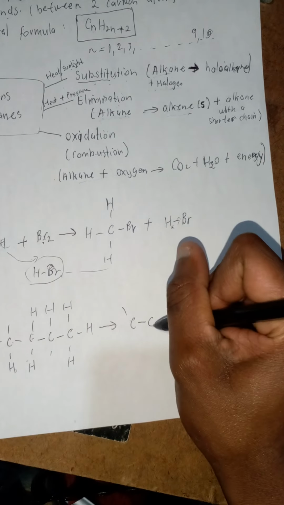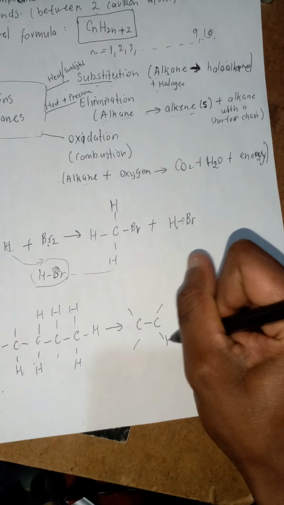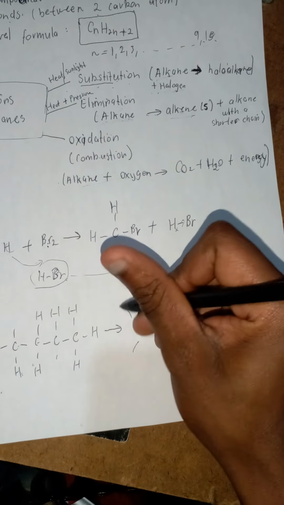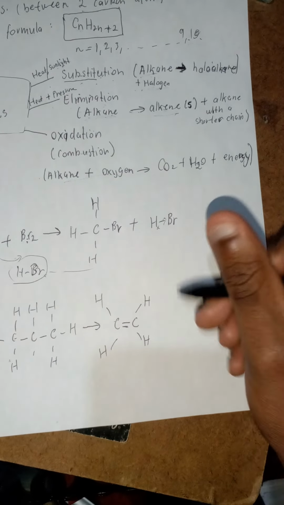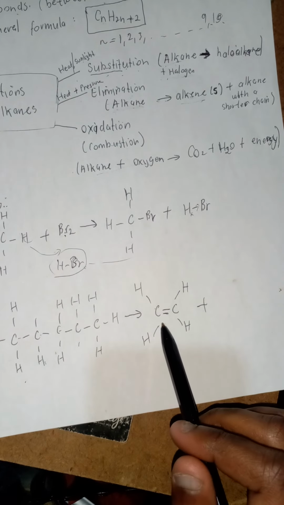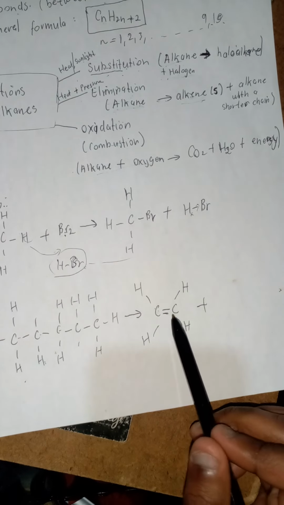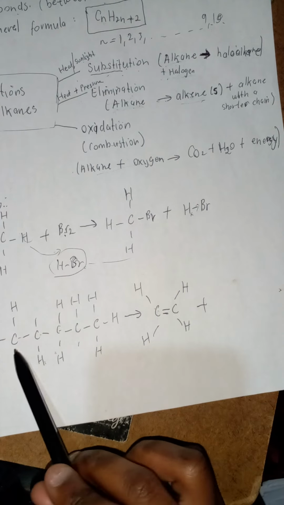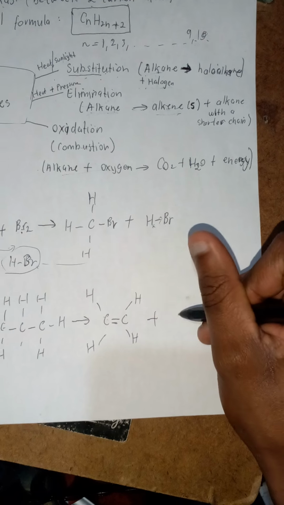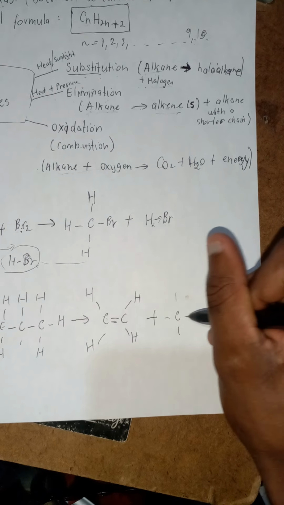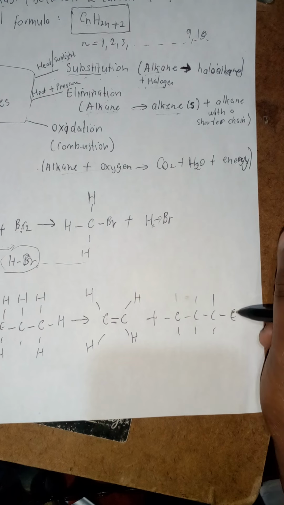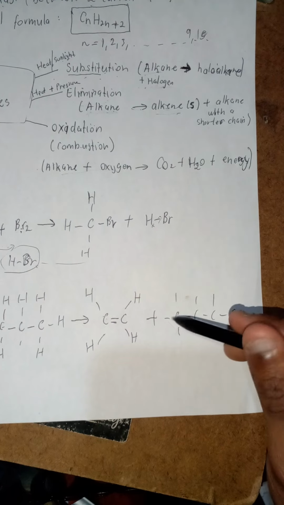And then ethene will form, because there are how many carbons now? There are 2 carbons, but here there are 1, 2, 3, 4, 5. So we are left with 3 carbons, so that your compound on the right is balanced with the one on your left.